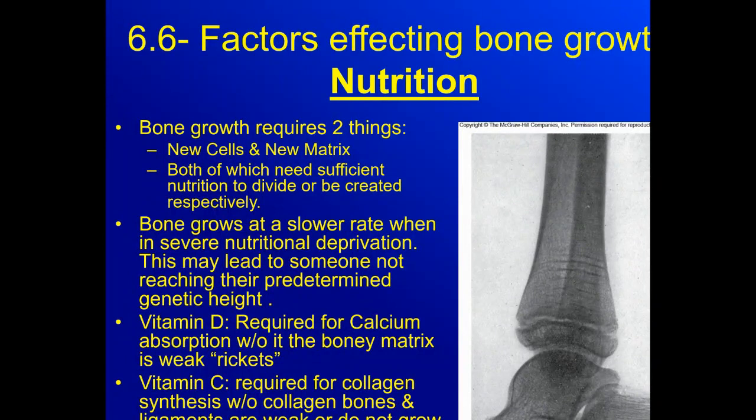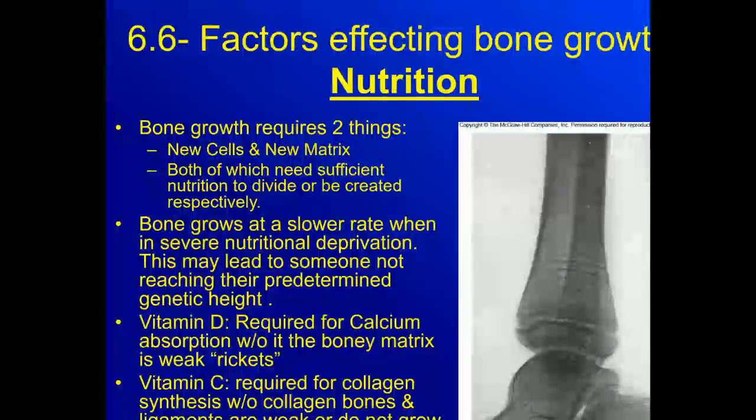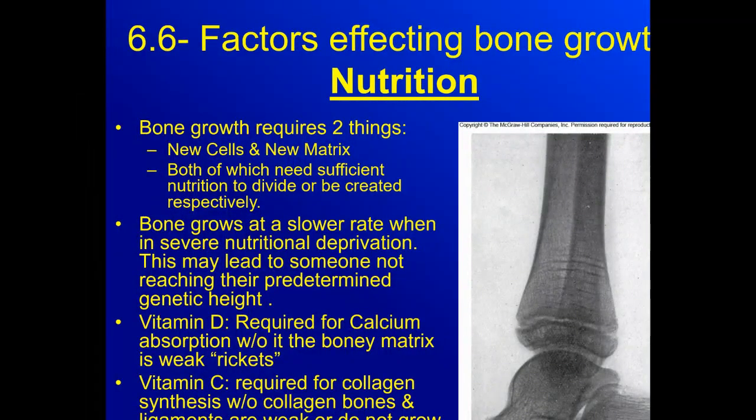Bone growth requires two things: new cells and new matrix. I've got to build new bone. There's no way for me not to do that. Well, if I want to do that, I have to have sufficient nutrition. I've got to have the source of materials, and I've got to have enough nutrients to make new cells. If you don't, then that can't happen.